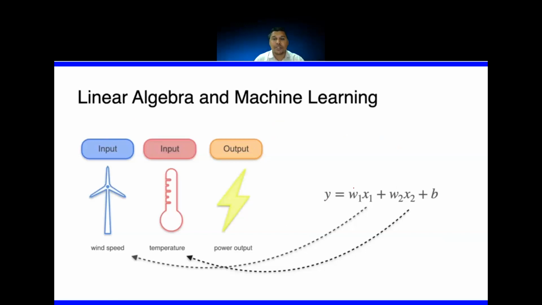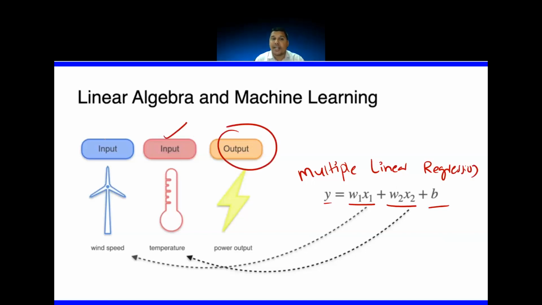So if I represent them as an equation, you can see y equals w1 x1 plus w2 x2 plus b. What are w1, w2 and b? These are what we have to find out. So this becomes your multiple linear regression, where your output is dependent on multiple input variables, not on a single variable.